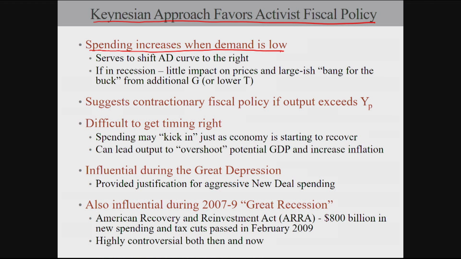If demand is low and the government starts spending more on, let's say, education, or more on healthcare, or more on defense goods, or more on police, that tends to shift the aggregate demand curve to the right. And you can get a high bang for the buck if we're in a recession. But it also suggests contractionary fiscal policy if output exceeds potential, because if output is exceeding potential, we may get the price level to rise.